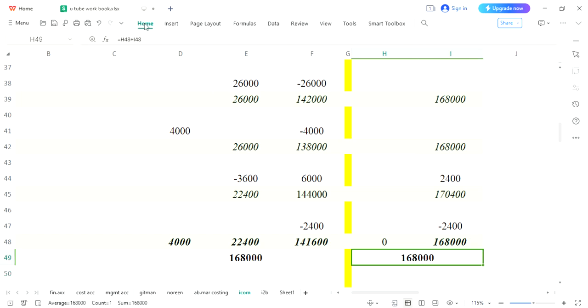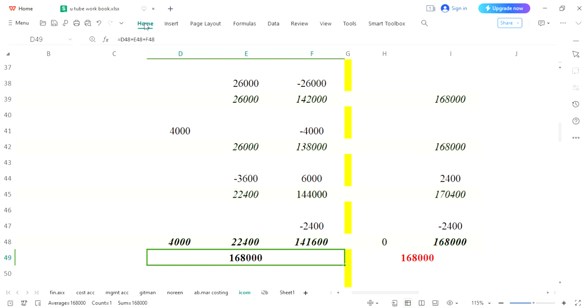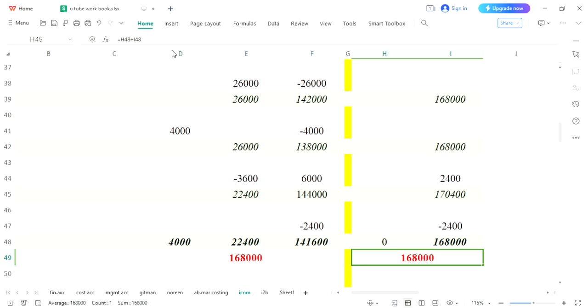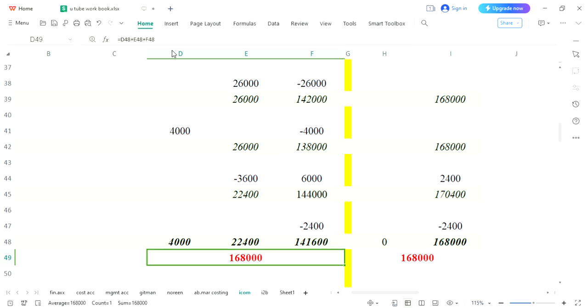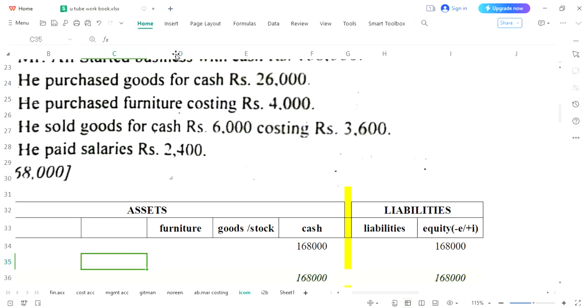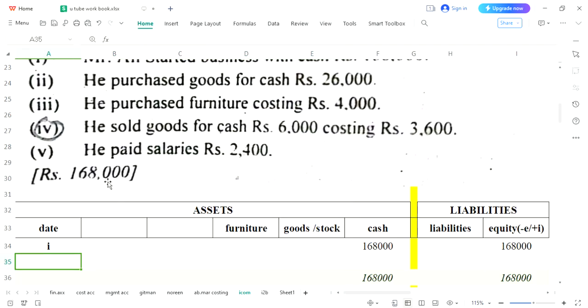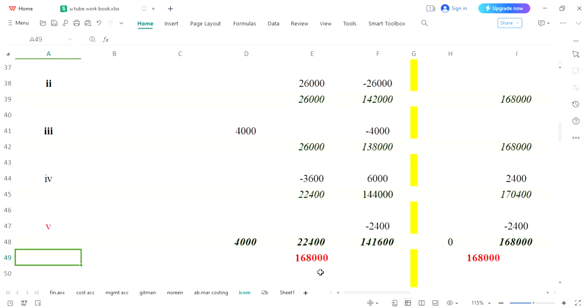Alright, so guys, in this way our question has been completed. 168,000 is present in asset side and 168,000 is present on liability side. Look, 168, 168. Now we will check the answer. Over here you can see that our answer is 168,000 and we have calculated 168,000.